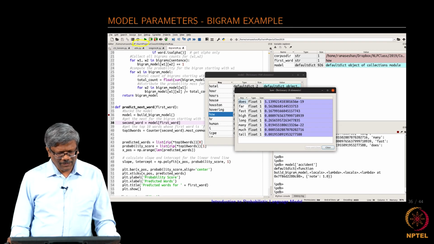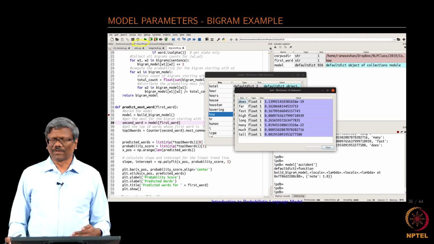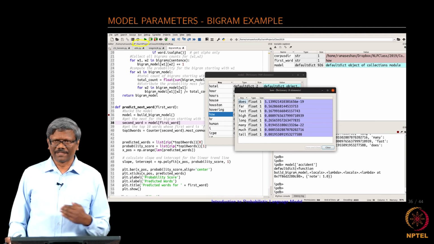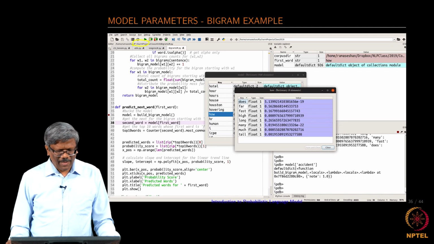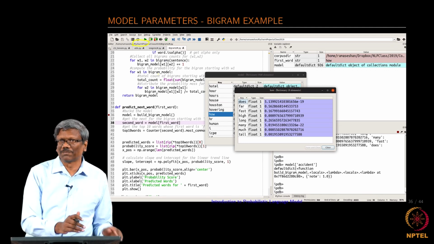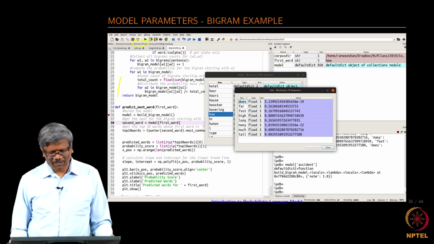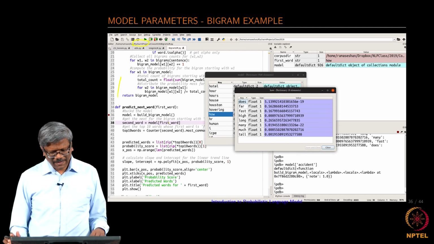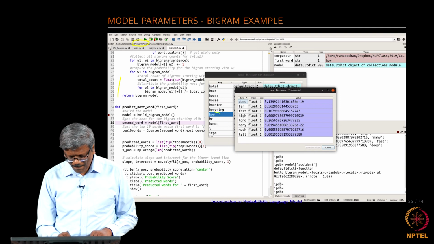If you use an IDE similar to PyCharm, you will be able to debug the code and run it and go step by step and see what is happening inside the bigram. Here, since we have already built the model, I am going to be predicting the second word. As I mentioned earlier, I am going to give the first word as how.